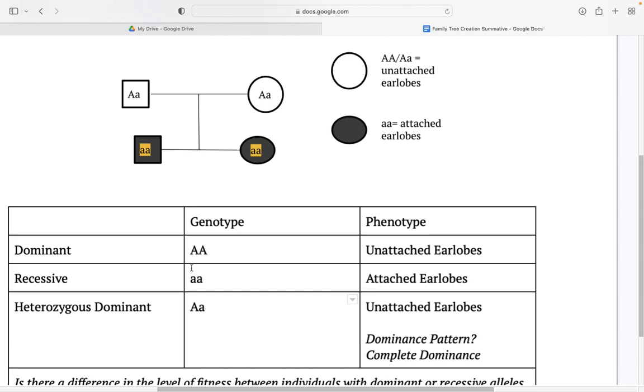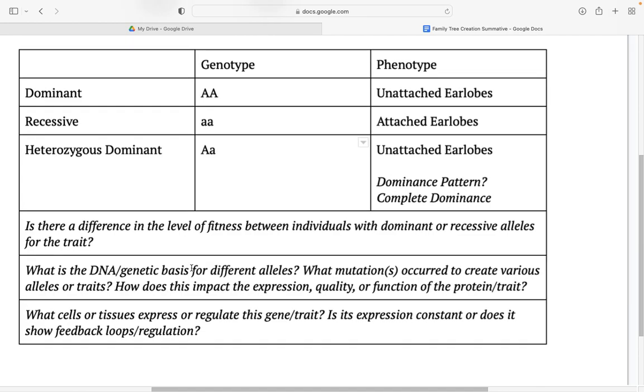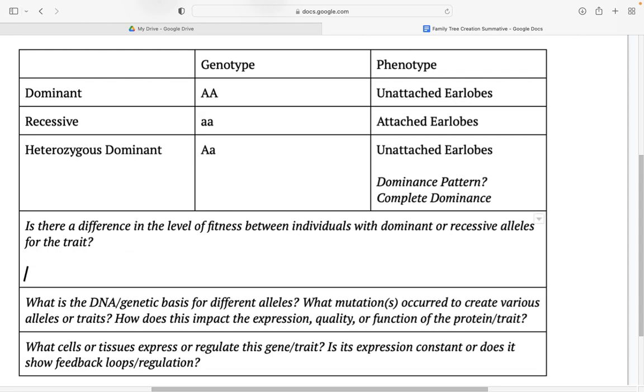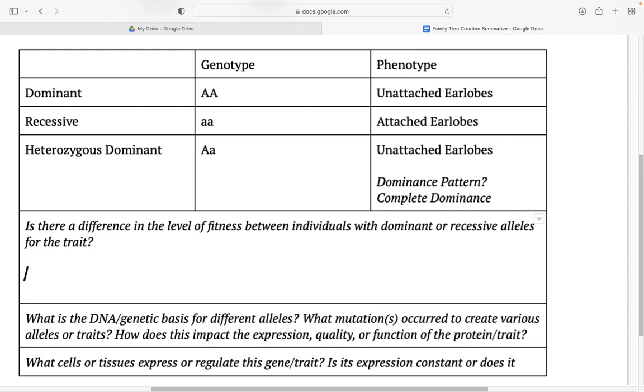Now to get a 4, you're going to want to answer some of these questions for each specific trait. Now there are 3 questions that correspond with each of the traits that you are going to be doing. The first is all about fitness. So a good thing to think about with fitness is ability to survive and have offspring.